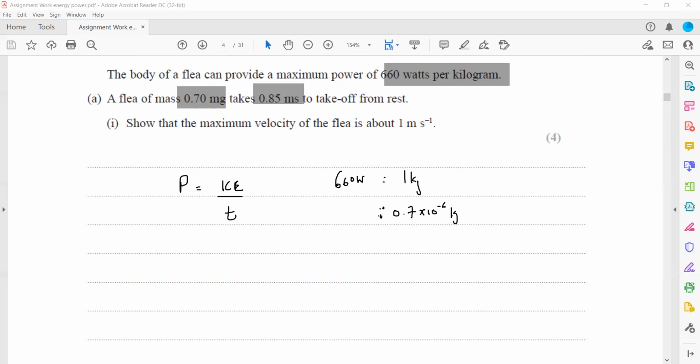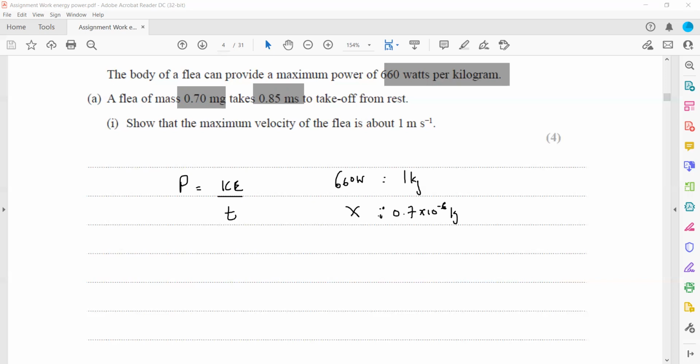Milli means 10 power minus 3. But because we have to convert to the SI unit of mass, kilogram, first we divide by 1000 to convert into gram, and then further divide by 1000 to convert into kilogram. That's why I write 10 power minus 6. So this will be multiplied.